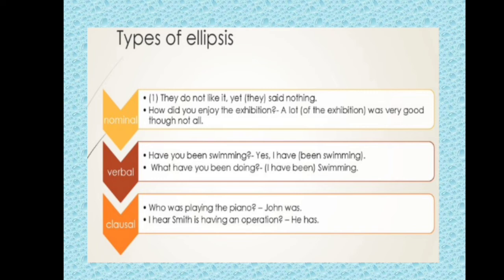Have you been swimming? Yes, I have. Have ini refers to been swimming. And then, what have you been doing? I have been swimming. Clausal. Who has been playing the piano? John was. I hear Smith is having an operation. Yes, he has.